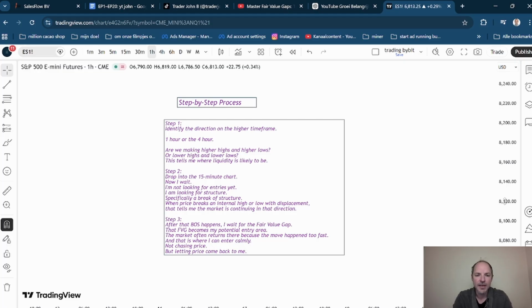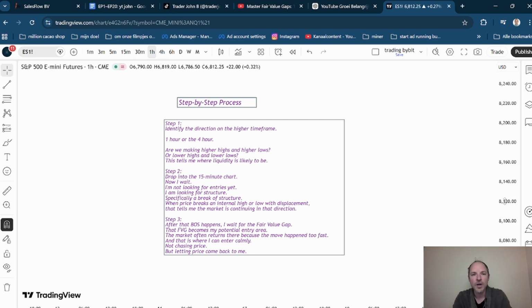Step 3. After the break of structure has formed, we have patience. We need a fair value gap. The fair value gap becomes a potential entry area, not yet an entry. The market often returns there because the move happens very fast, and that is a displacement.